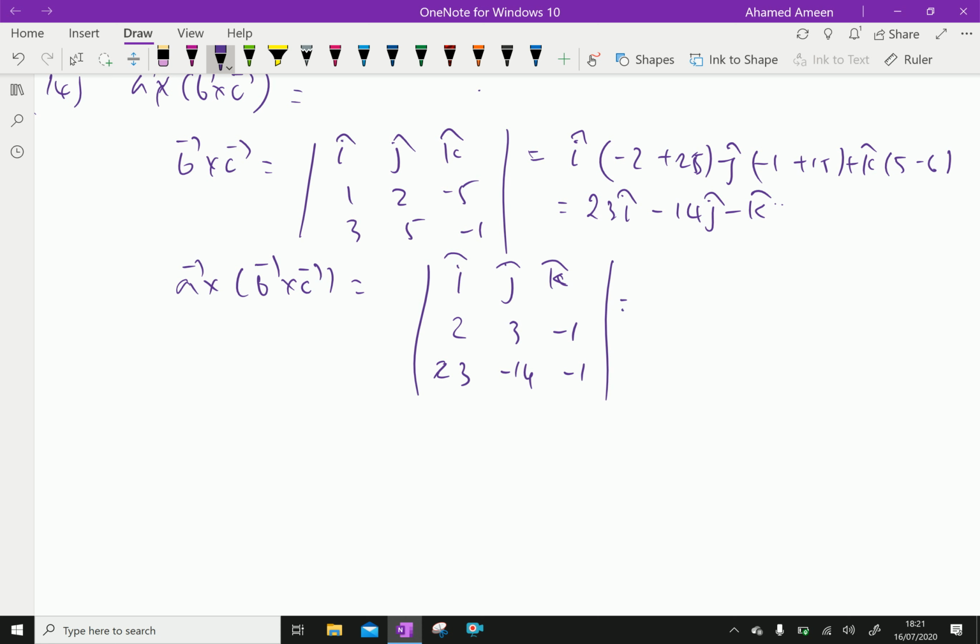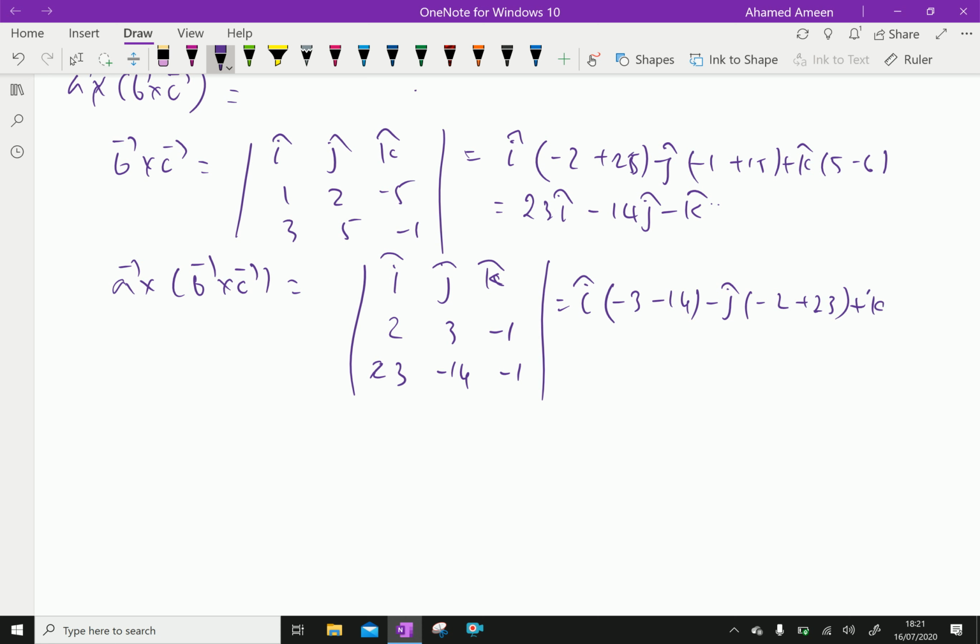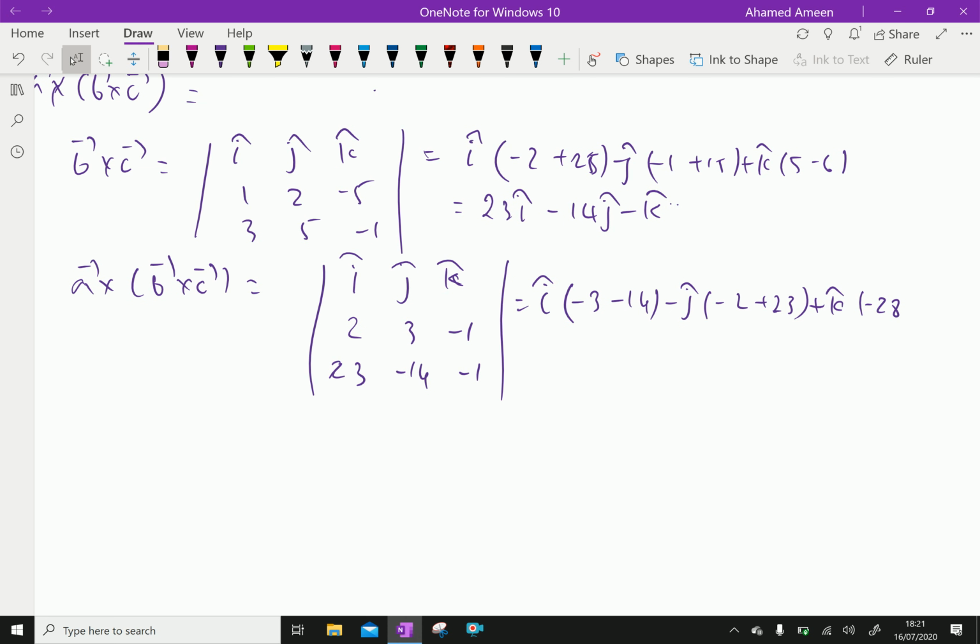Which gives i times minus 3 minus 14, minus j times minus 2 plus 23, and for k it is minus 28 minus 69, which equals minus 17i minus 21j minus 97k.